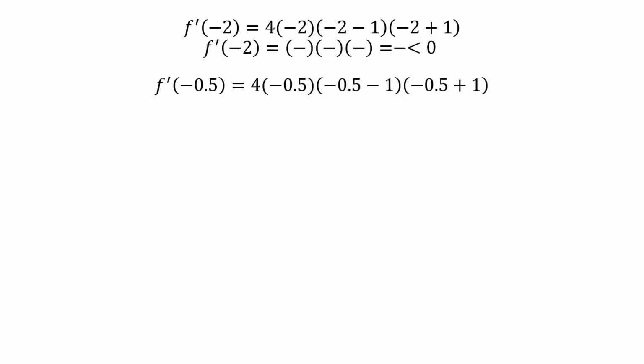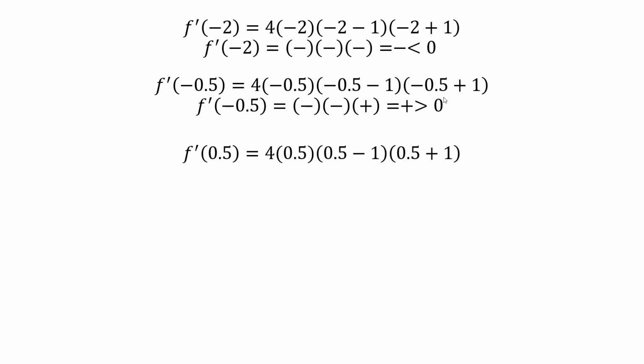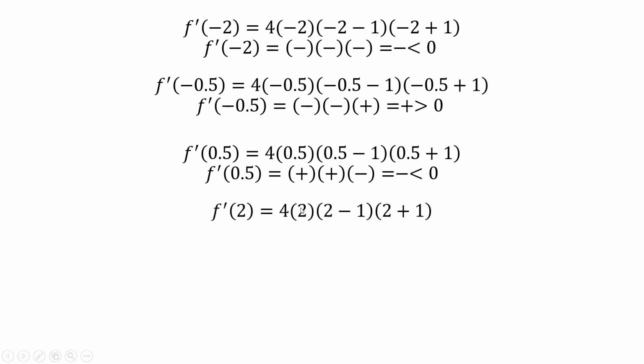Plug in negative 0.5. 4 times negative gives me a negative. This is a negative times a positive, which gives me a positive, so my function is increasing on that entire interval. Plug in 0.5, I get a positive times a negative times a positive, which gives me a negative. And plug in 2, I get a positive times a positive times a positive, which gives me a positive.